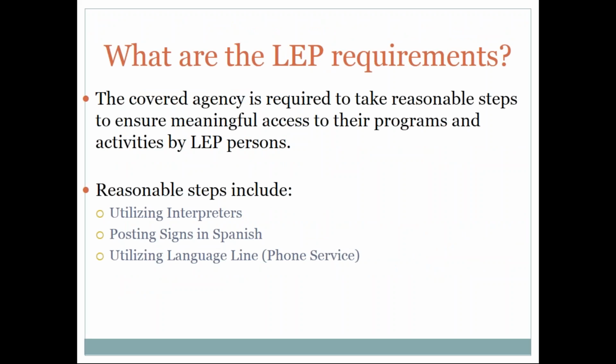The covered agency is required to take steps to ensure that meaningful access, that includes using interpreters for communicating with the clients, posting their signage in other languages. The example given here is Spanish, but again, it's whatever language and whatever populations are present within the community that you serve.